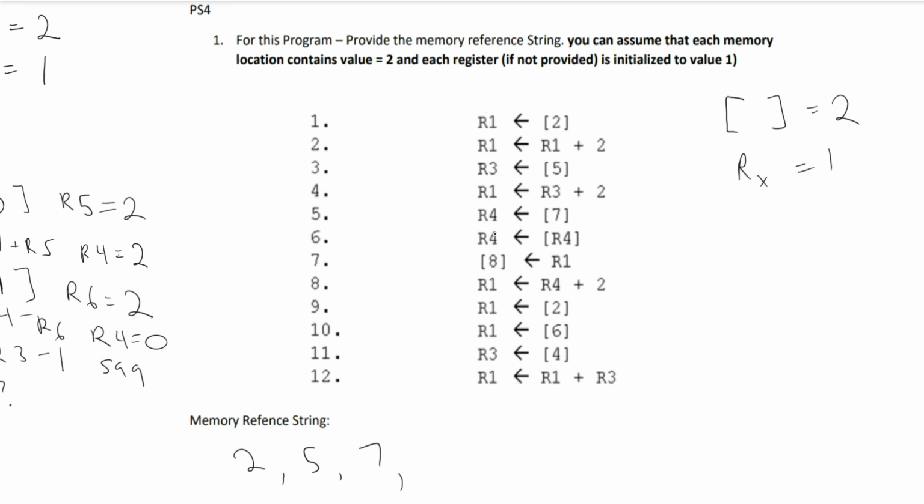It doesn't look like we ever stored anything in address 7, so we can just say it's the default of 2. So R4 is actually loaded with whatever is in address 2. And then this store, so this would be an 8, 2, 6, and 4. So that should be the memory reference string.